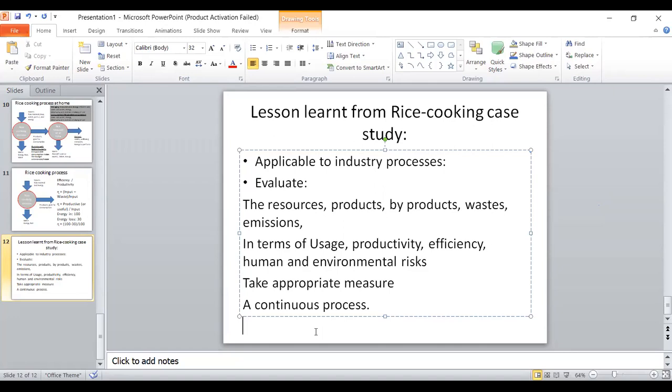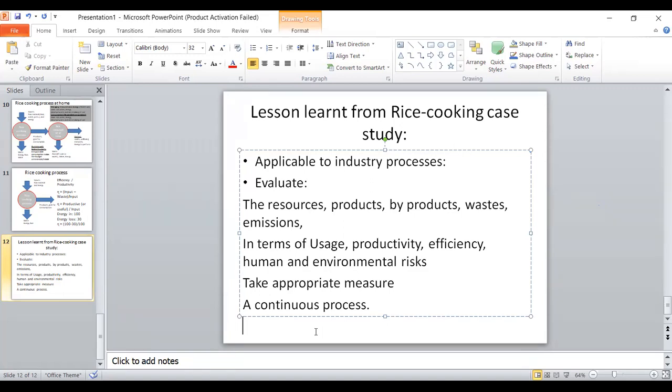In the first lesson, I hope you can remember, we put a diagram there. You have the process, the inputs, the outputs, products, the byproducts, and there are wastes and emissions.